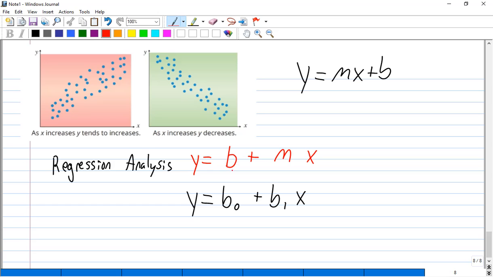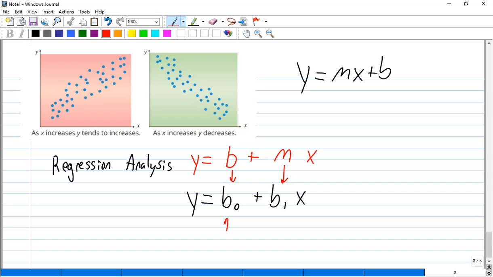So you can see that b sub 0 is going to be our y-intercept, and b sub 1 is going to be our slope. It might be a good idea for you to write this down somewhere, because if you ever want to go back to the y equals mx plus b form so that your brain can understand it, you'll know how to arrange it.